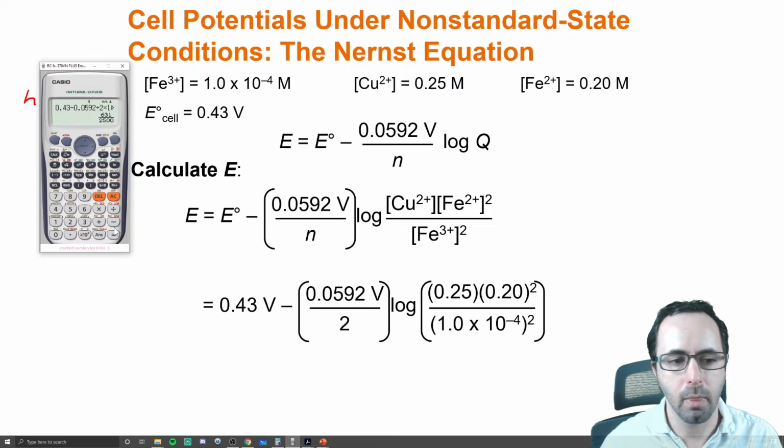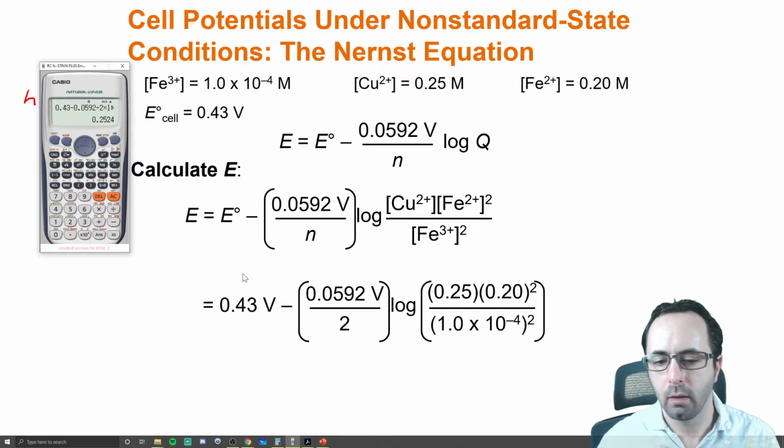And we get, to 2 places after the decimal, 0.25, and our units are volts.